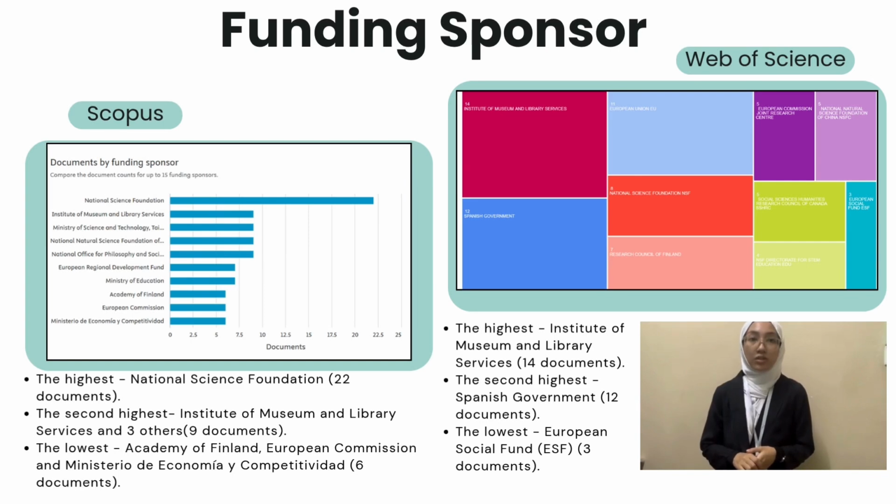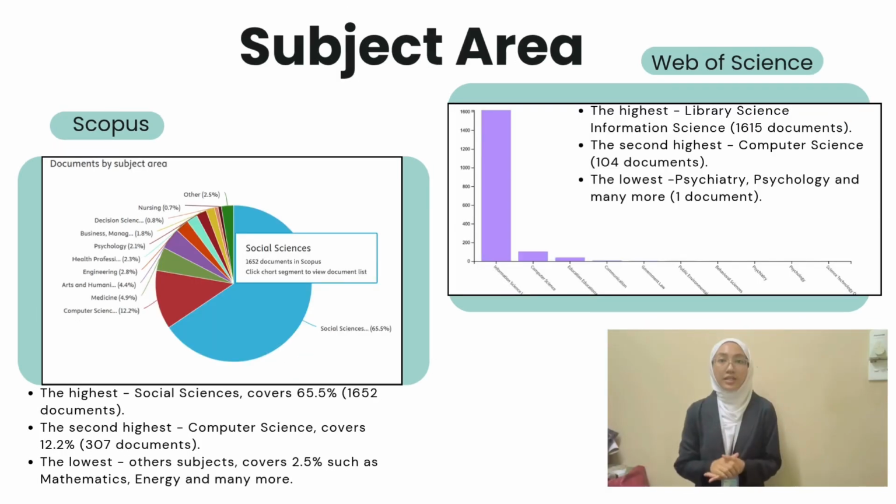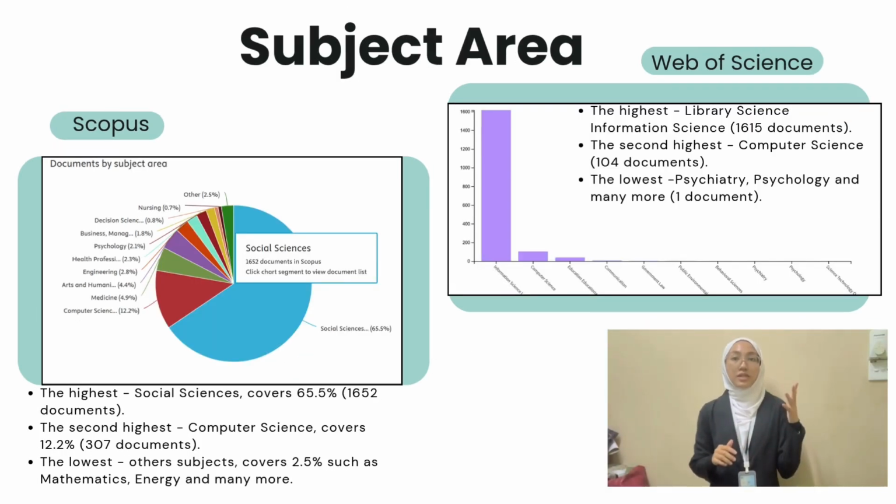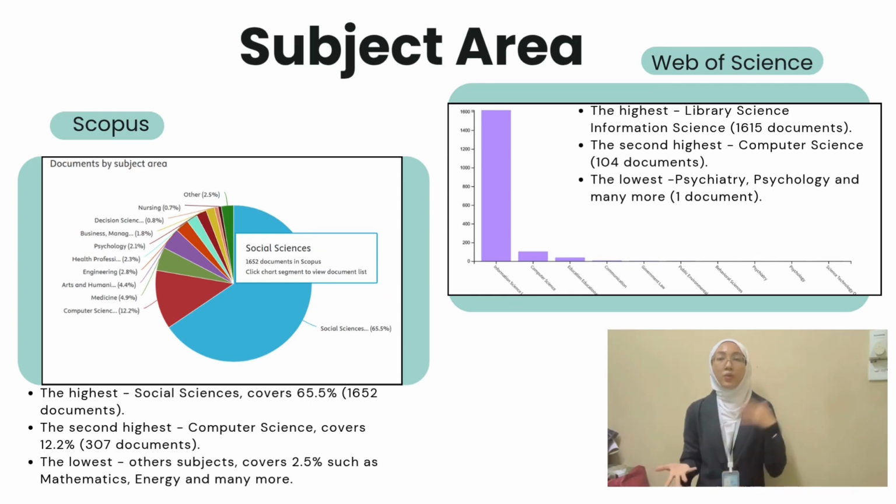Next, the Spanish government is the second highest by funding 12 documents, followed by other funding sponsors, and the lowest funding sponsor is the European Social Fund, which only funded 3 documents throughout 2015 to 2025. Next, I will continue with the results of the subject area shown by Scopus and Web of Science.